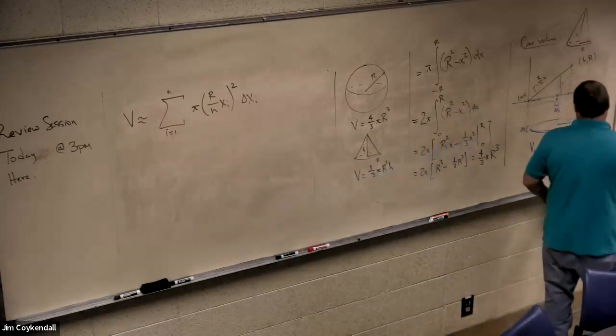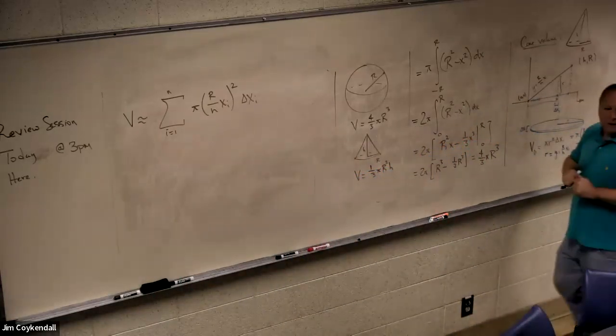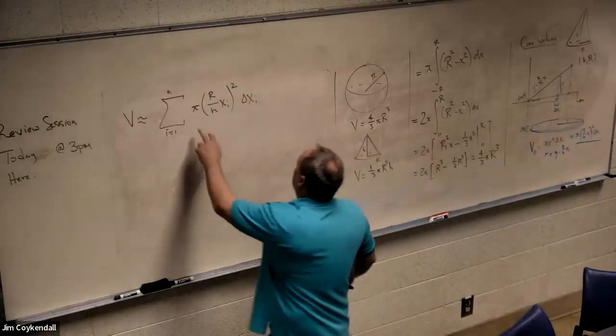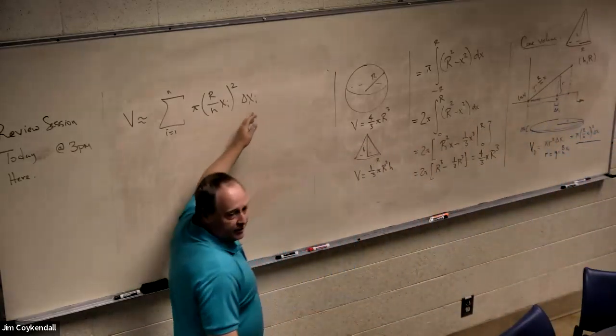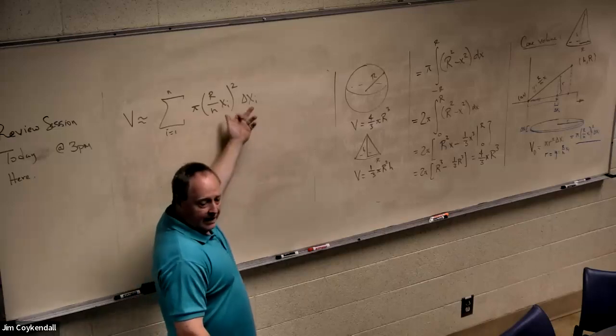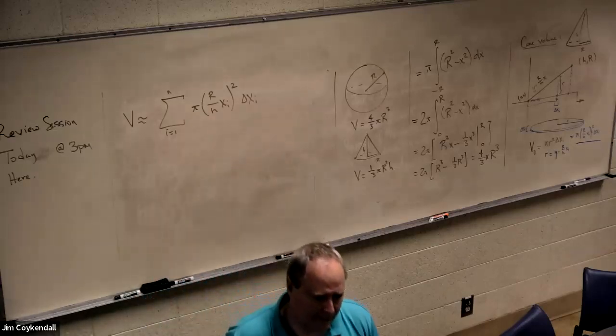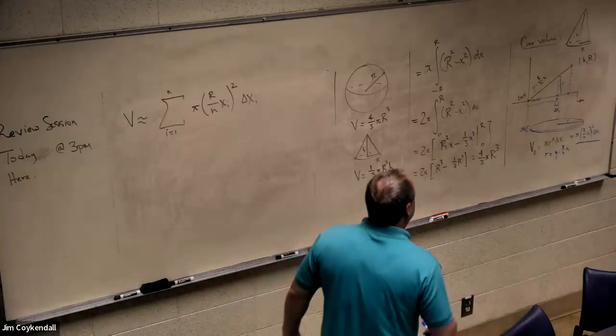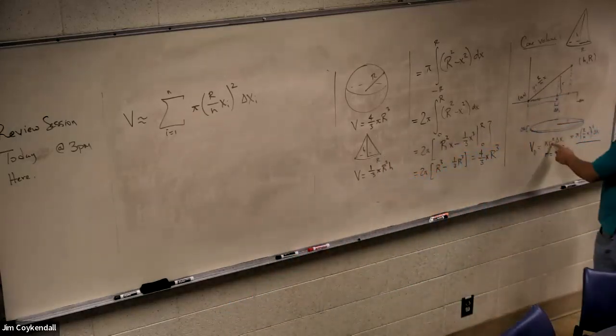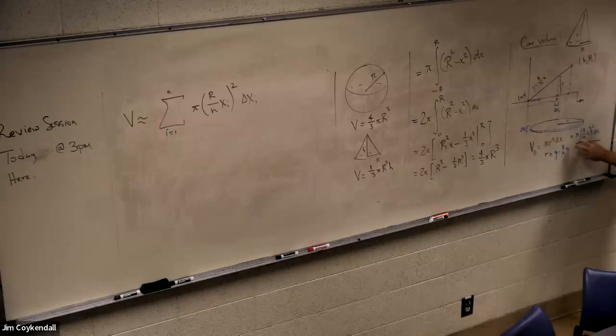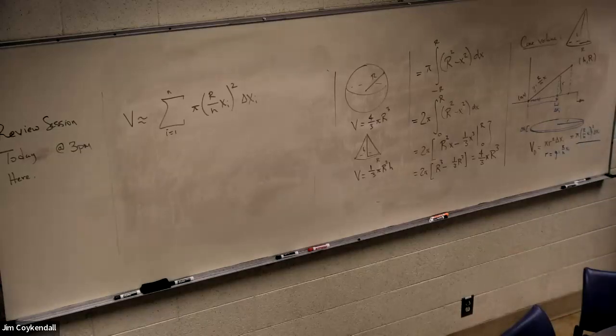I'm taking my formula from all these discs here, adding them up, times however thick each was. These are all the little volumes, and I added them up. Because the R was straight, yeah, this is just by itself, this is just R. Everybody okay?